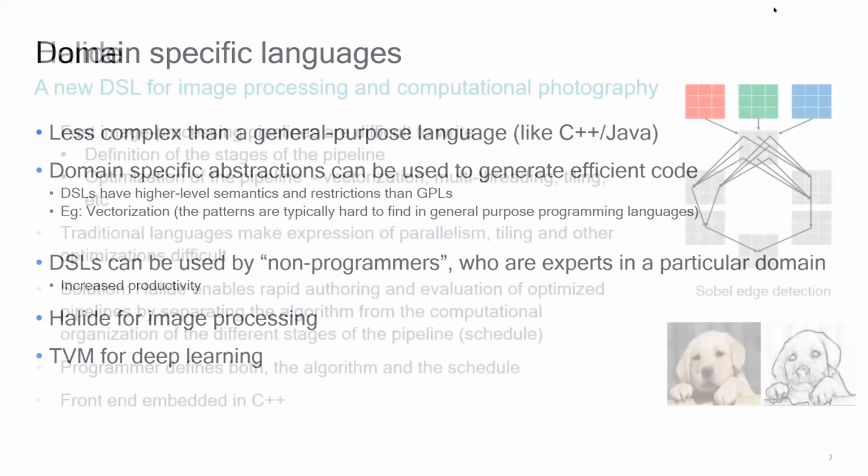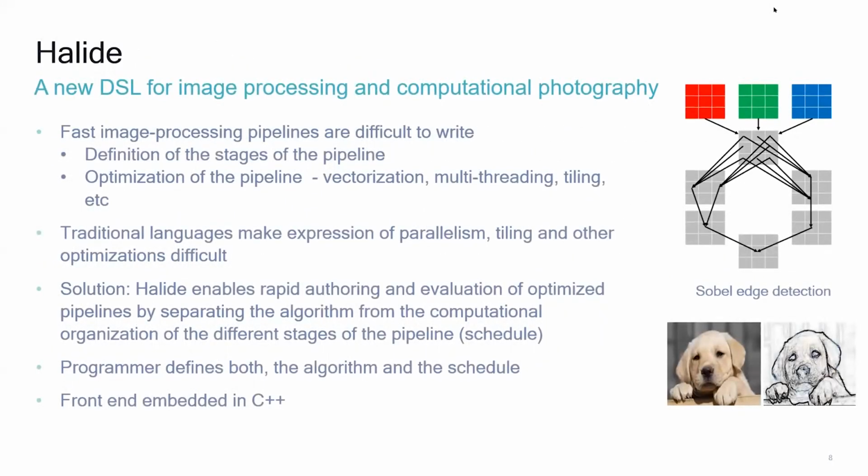So we will take the first example as image processing. Halide is a new domain-specific language for image processing and computational photography. Traditional languages were making parallelism, tiling, and other optimizations very, very difficult.